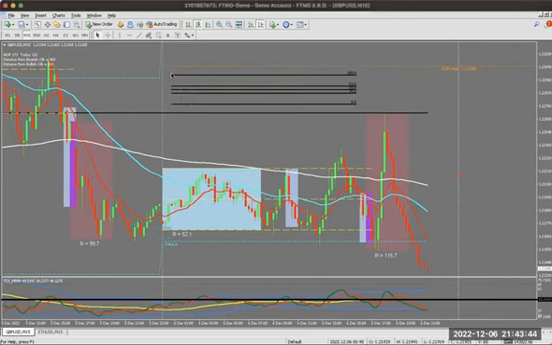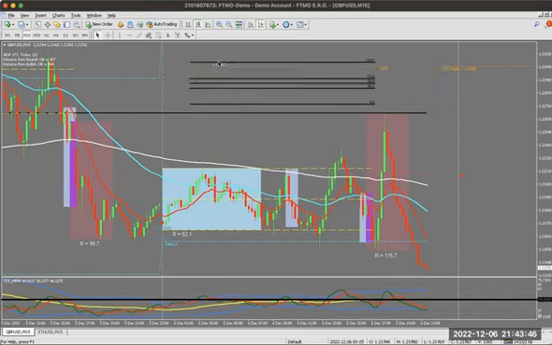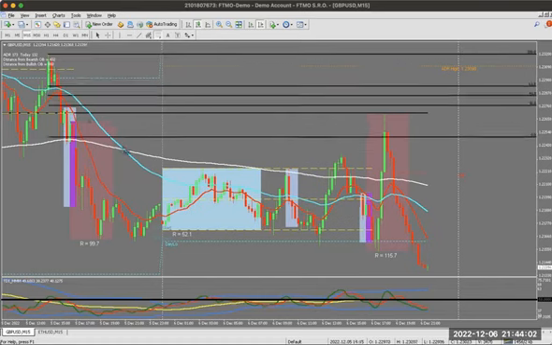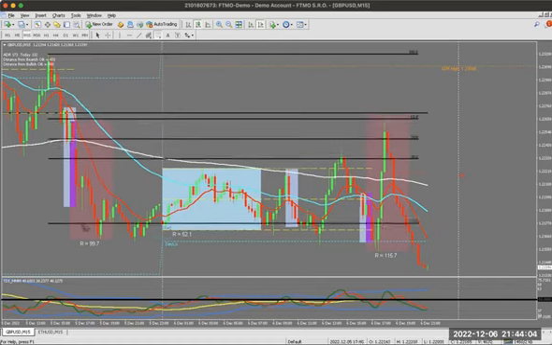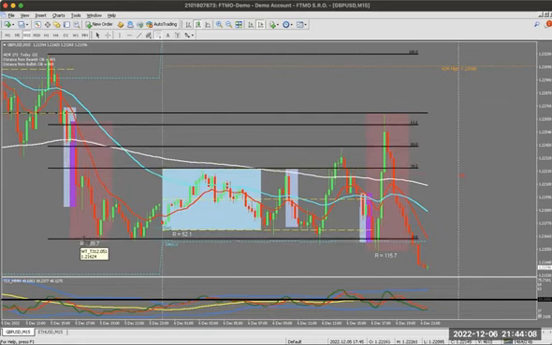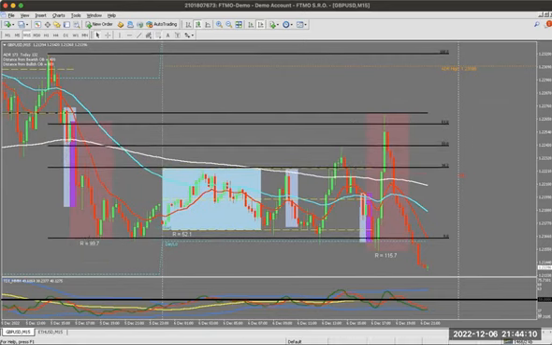Okay, it will be looking something like this. Let me delete it here, then place it, let's say, from this high to this low. Okay, that's perfect. I'll explain how it works now.